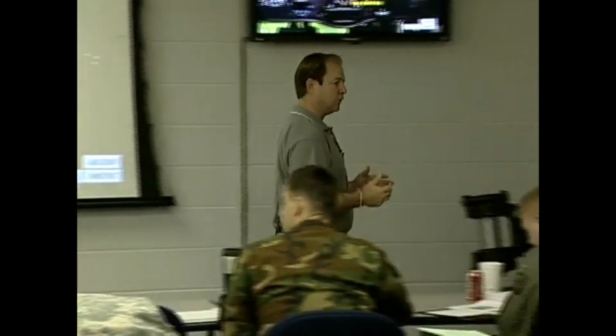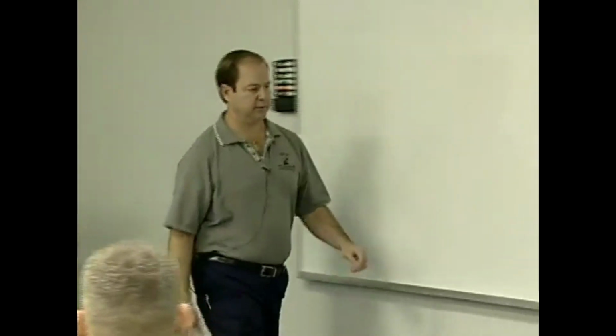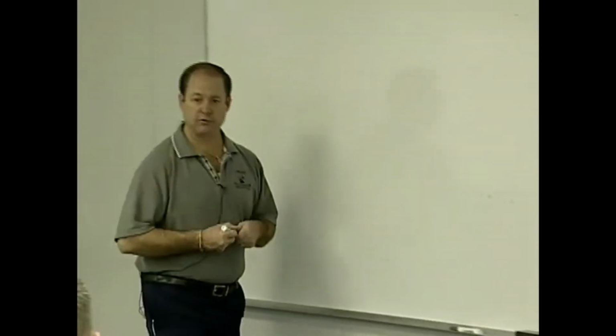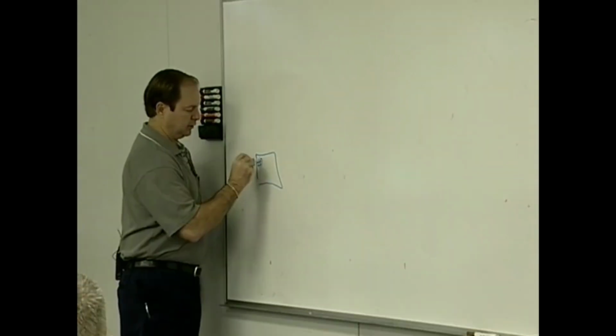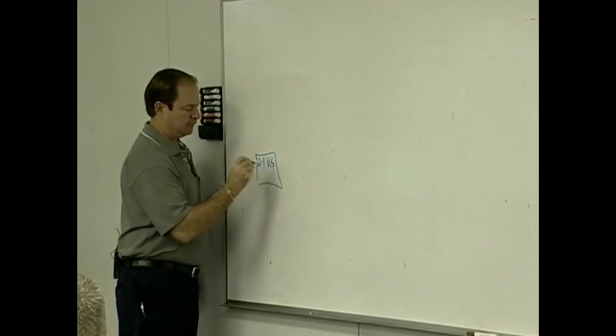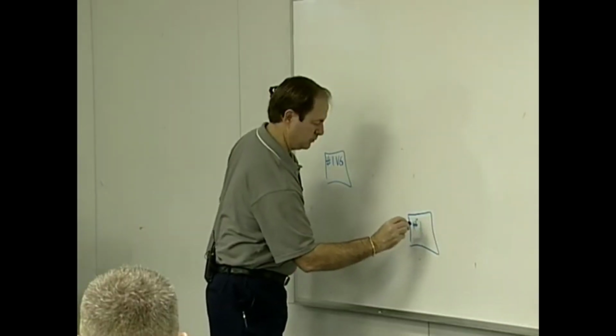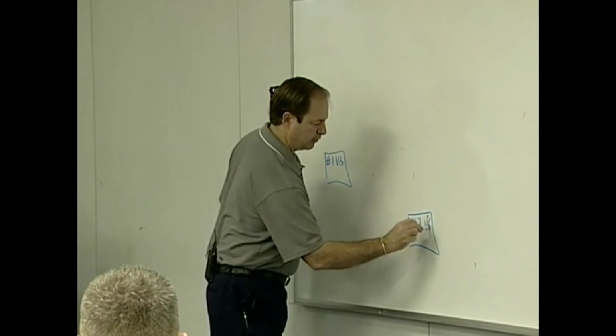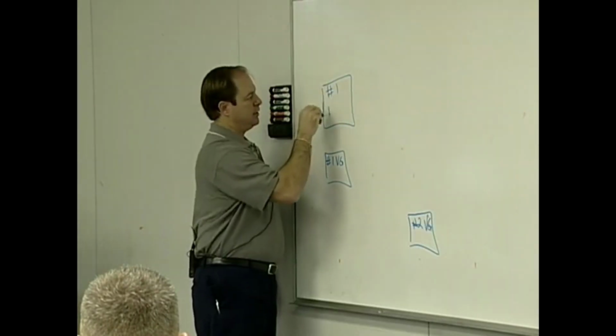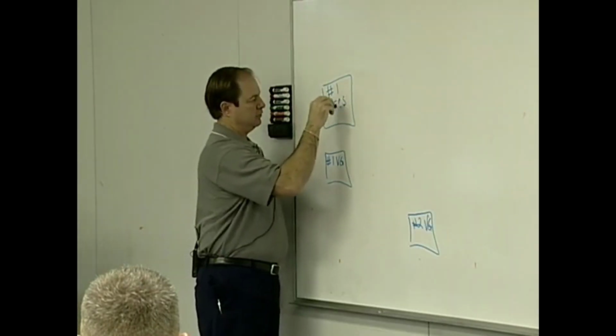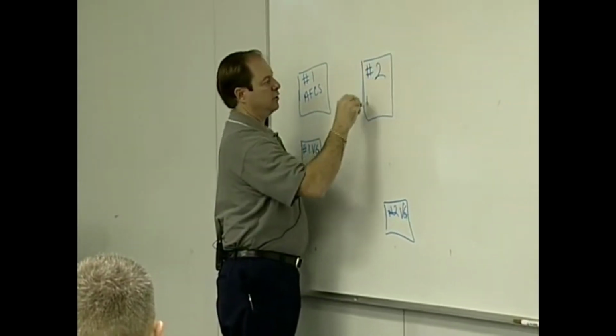And that's because if you look in our avionics closet, what you're going to see is your number 1 vertical gyro, your number 2 vertical gyro, your number 1 AFCS, your number 2 AFCS.